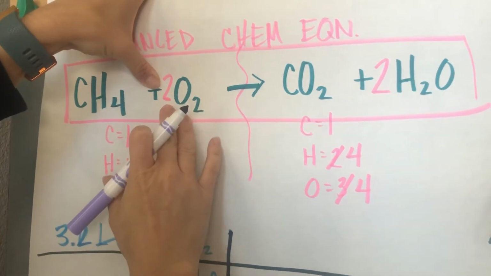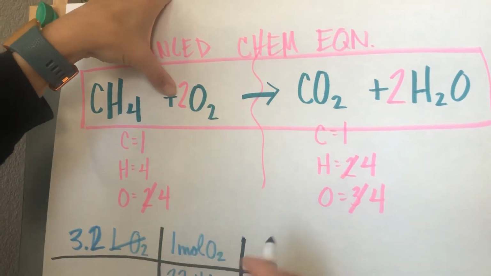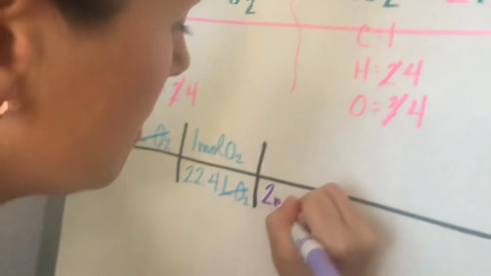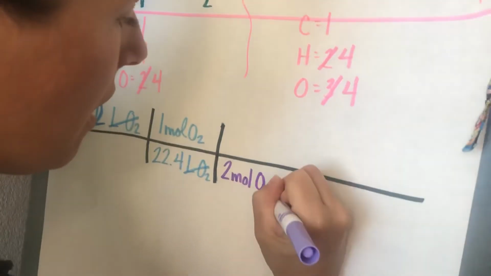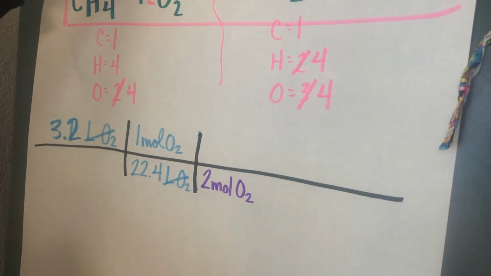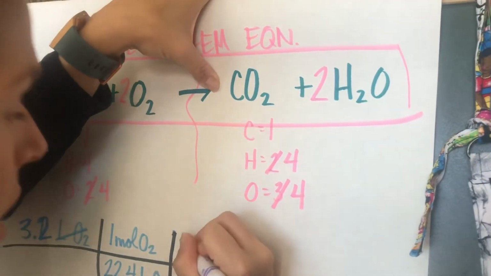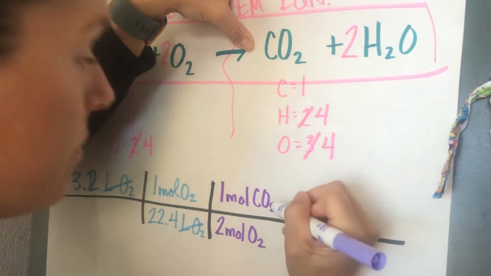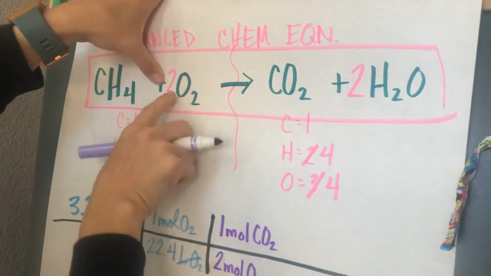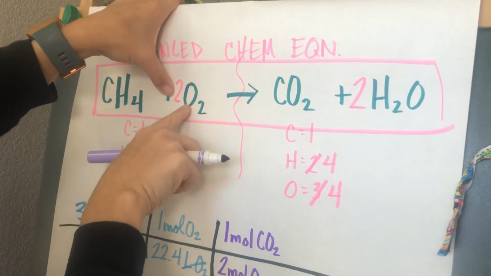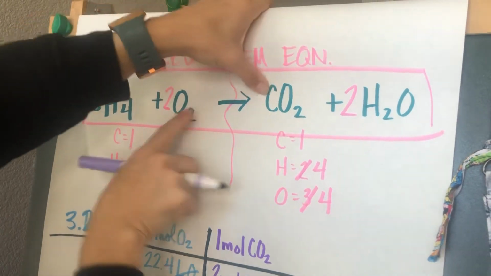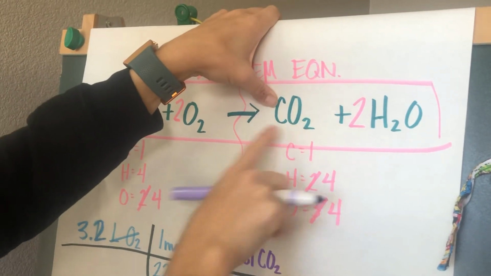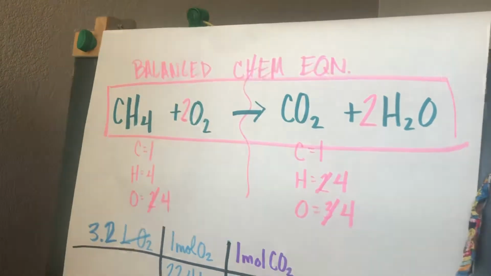From the balanced equation, I know that for every 2 moles of oxygen gas consumed, I'm going to produce 1 mole of CO2 gas. Can you guys see that? Cool.